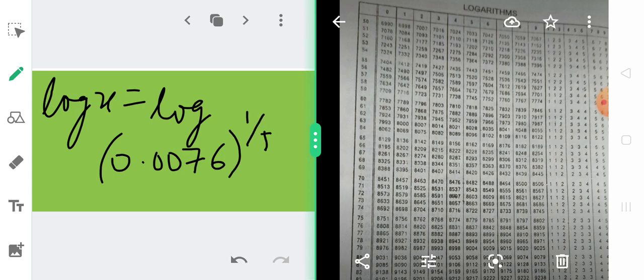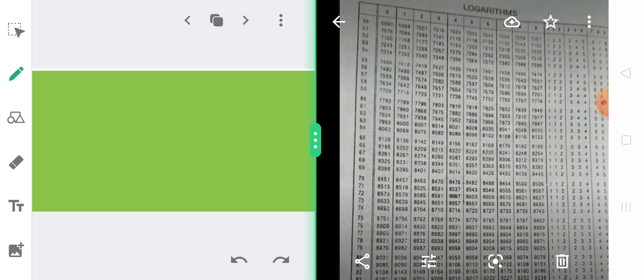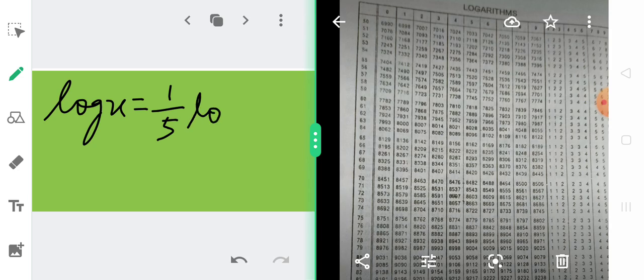Now if you remember log of m to the power n, that rule, power rule, obviously the power comes as a product. So in the next step I will be writing down log of x equal to, the power will come in front, so power is 1 by 5, log of 0.0076.